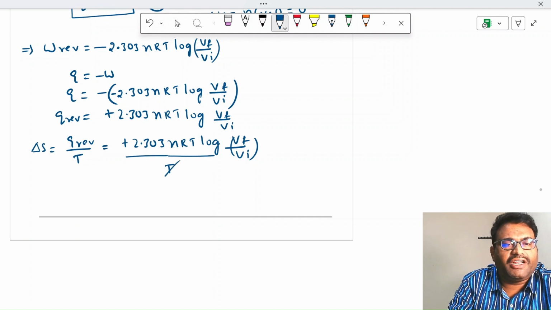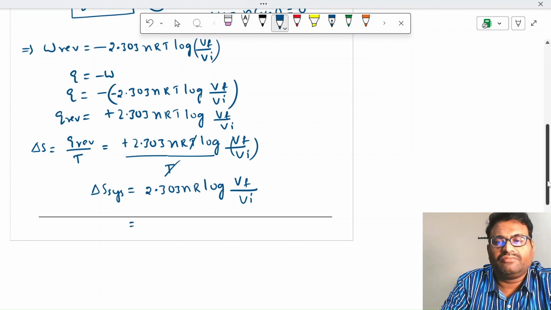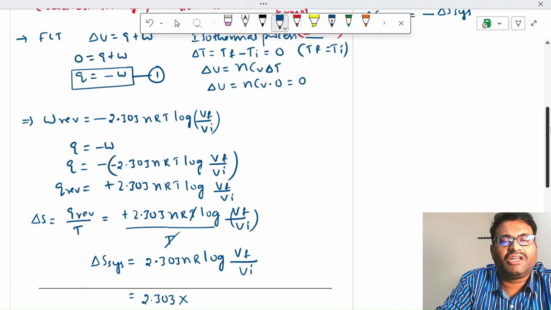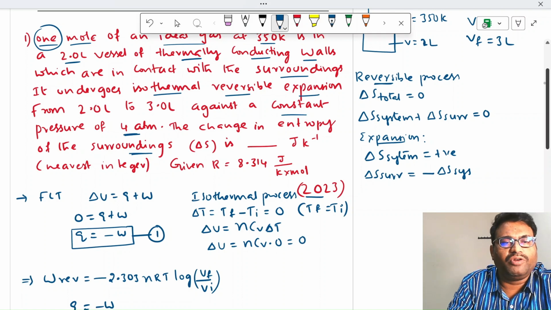So T cancels. Then what do you get? Delta S of the system is 2.303 nR log V final by V initial. The number of moles given is 1 mole, and the volume is changed from 2 to 3.